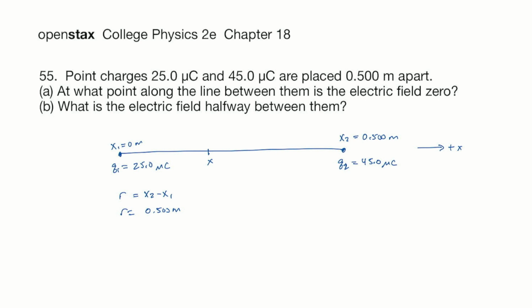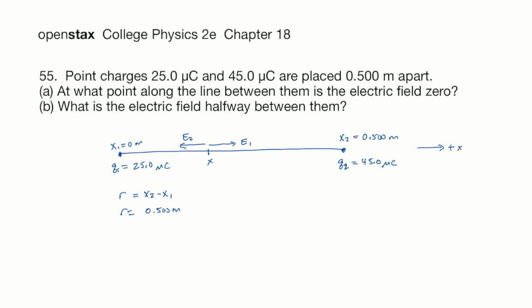So at X, the electric field due to Q1 is going to be to the right, towards the Q2. So there's our E1. The electric field due to Q2 is going to be away from Q2, so pointing towards Q1. So E2 is pointing like that.